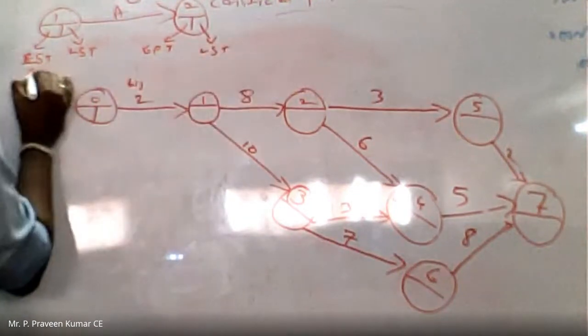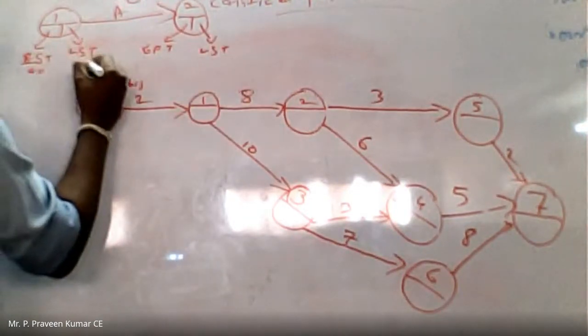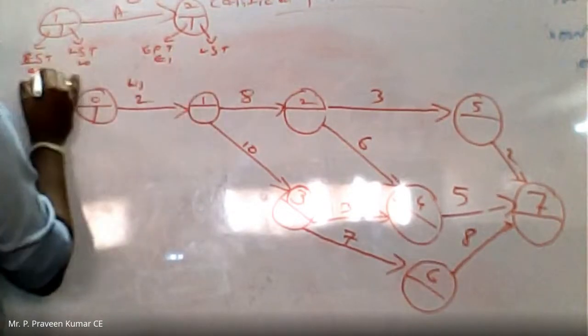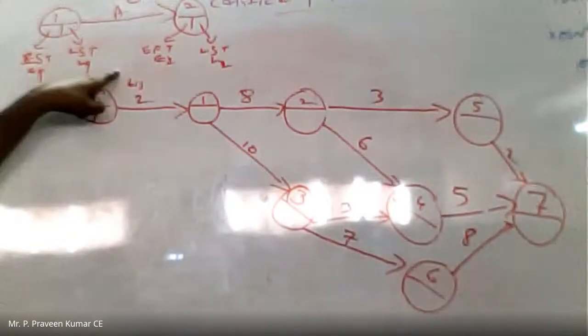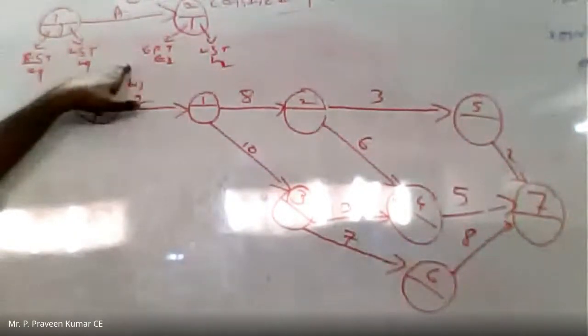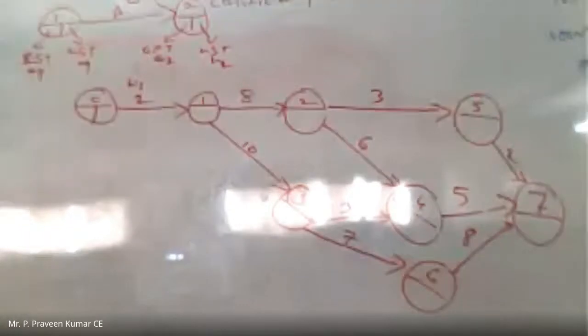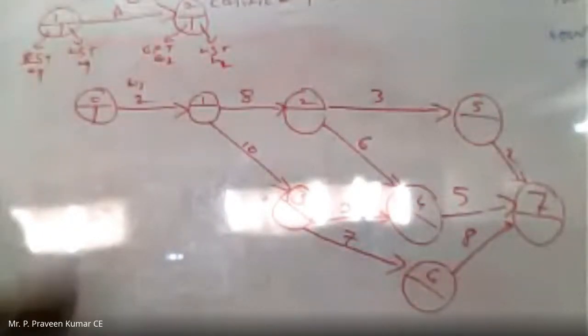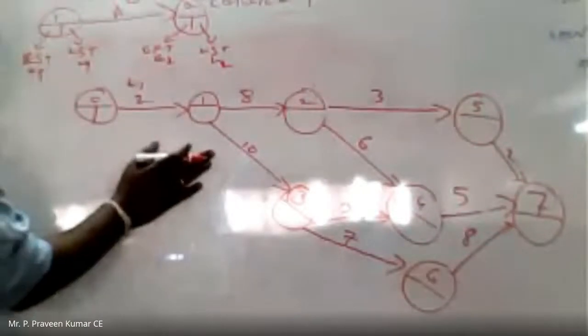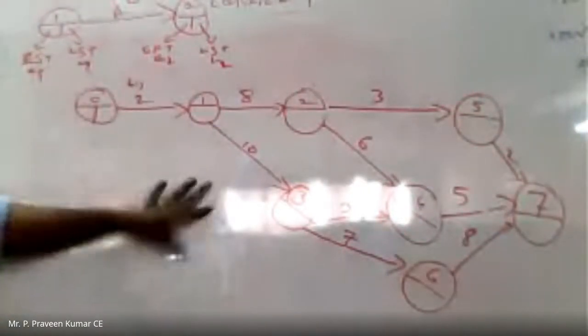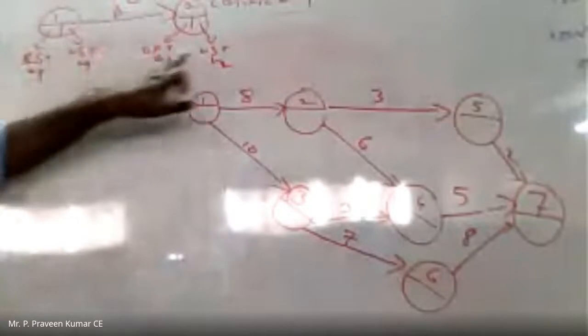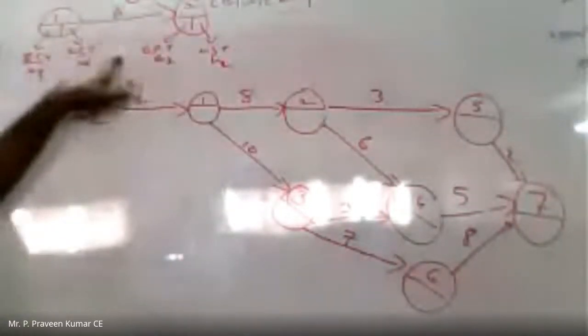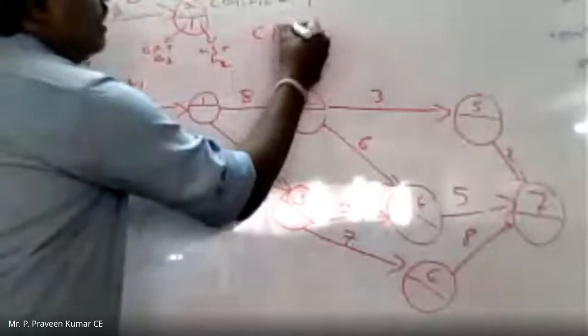You can denote these as E0, L0, E1, E2, L. First, keep this part in your mind. If you keep this part in your mind, then there will not be any confusion. Okay. Now coming to this problem, I need to calculate the earliest starting time, latest starting time, earliest finishing time, and latest finishing time. If I calculate this part only, then only I can calculate the CPM, that is, the critical path method.